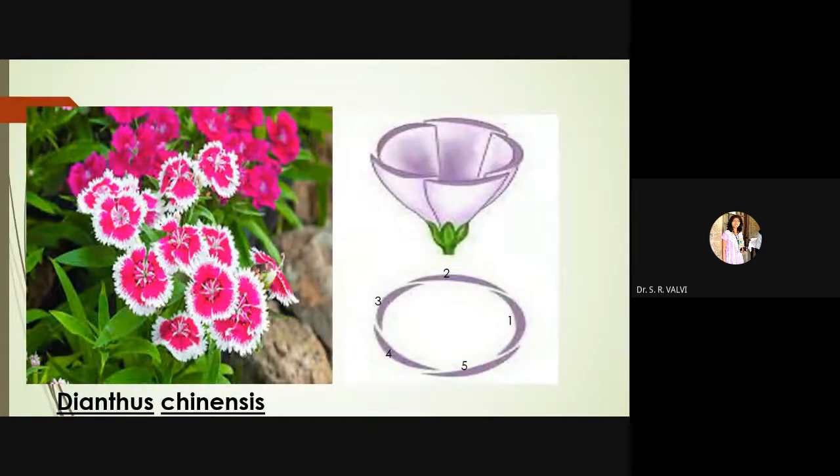Next, Dianthus chinensis. You might have gone through this flower. So this is the next estivation, that is quincuncial estivation. Which estivation? Quincuncial. Here you have to remember: just concentrate again on sepal number 2 and sepal number 5.